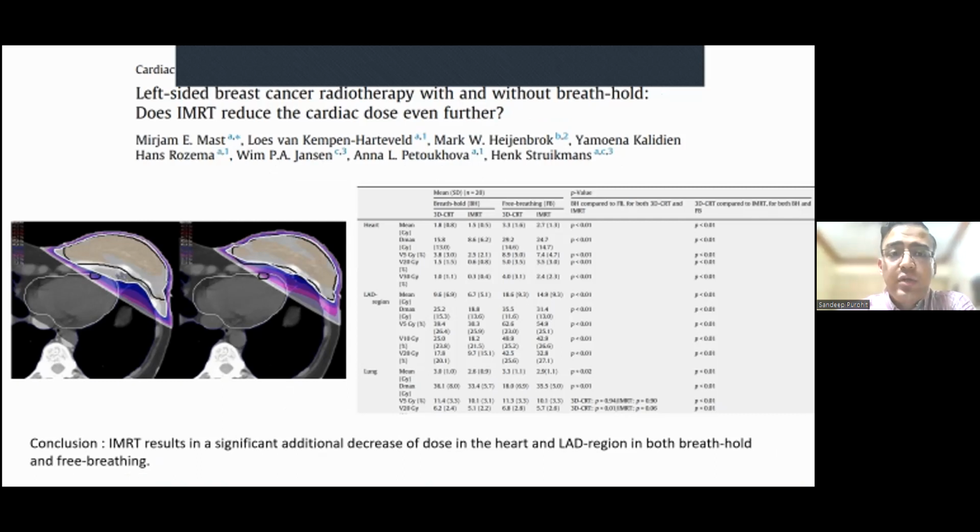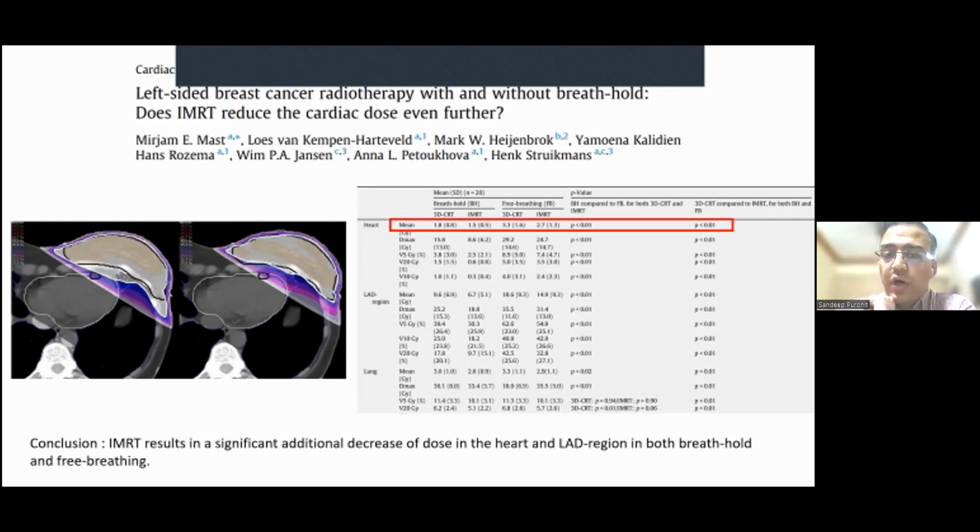So, left-sided, this was again a study showing DIBH, and in this, it was shown that the patients were evaluated on both the stands, free breathing as well as deep inspiration breath hold. In this, the IMRT patients did better as compared to 3D CRT.